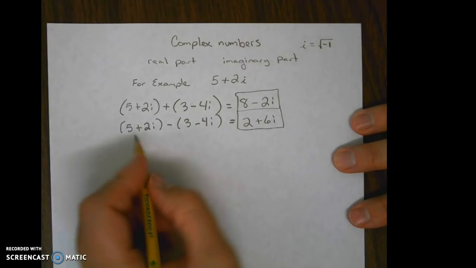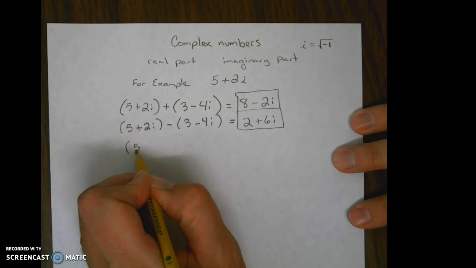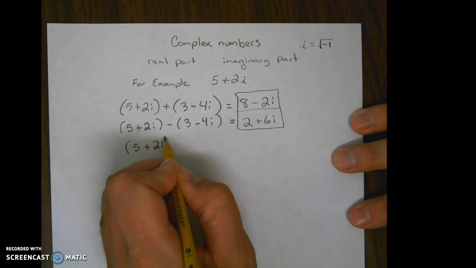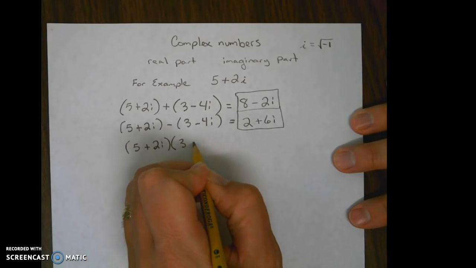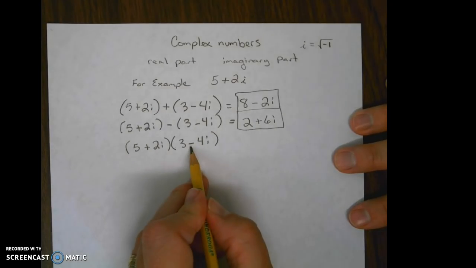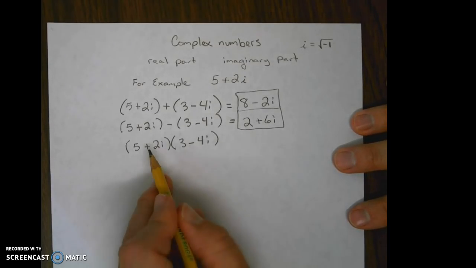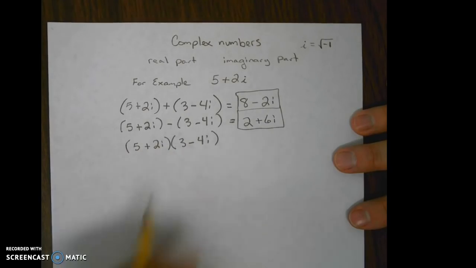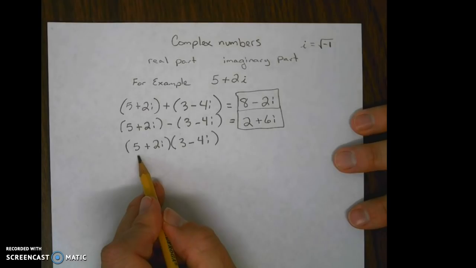Okay, let's take a look at multiplying. So we multiply just like we would when we multiply two binomials. Sorry, I misspoke, binomials, not binary. So I'm going to go ahead and use the FOIL method here.